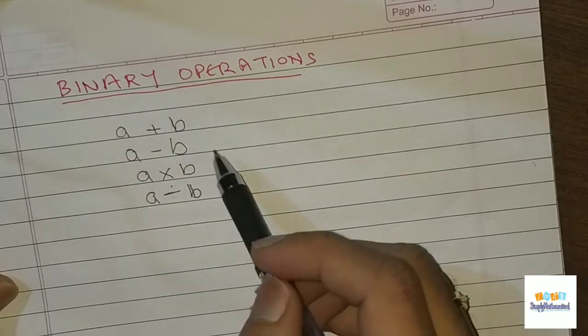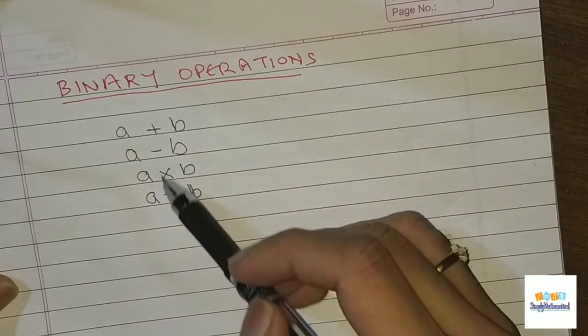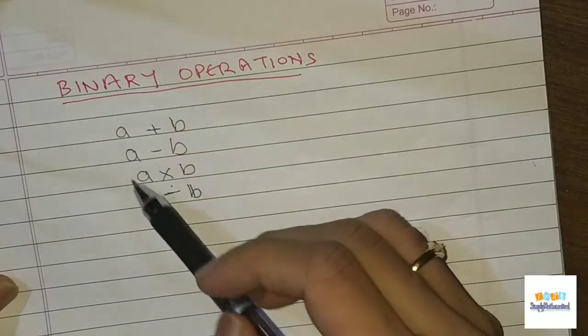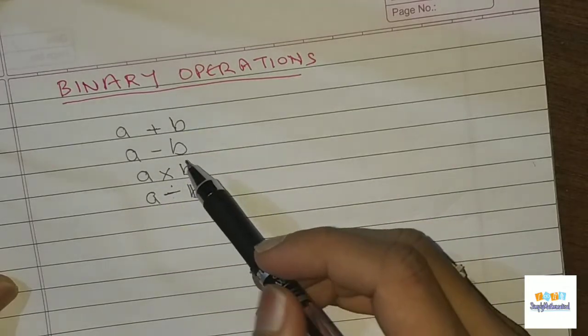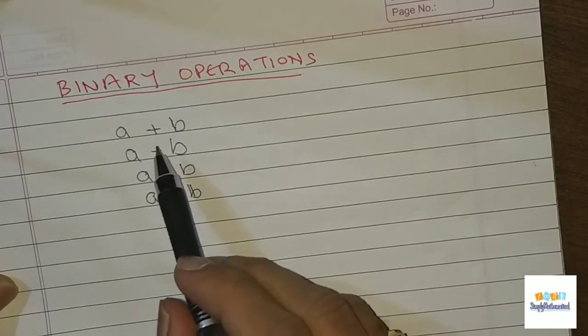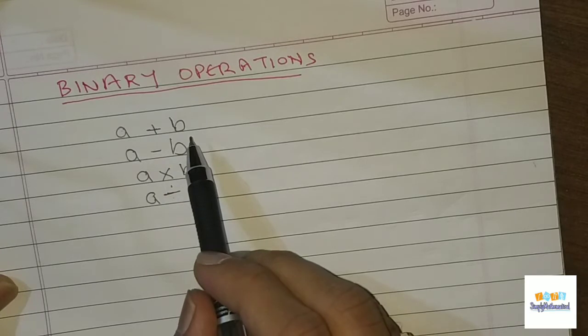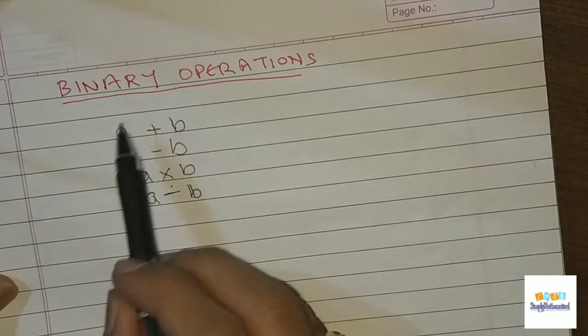So here plus, minus, multiplication, division are called binary operations, because whenever you use the operation you are taking two numbers. Binary means two numbers.